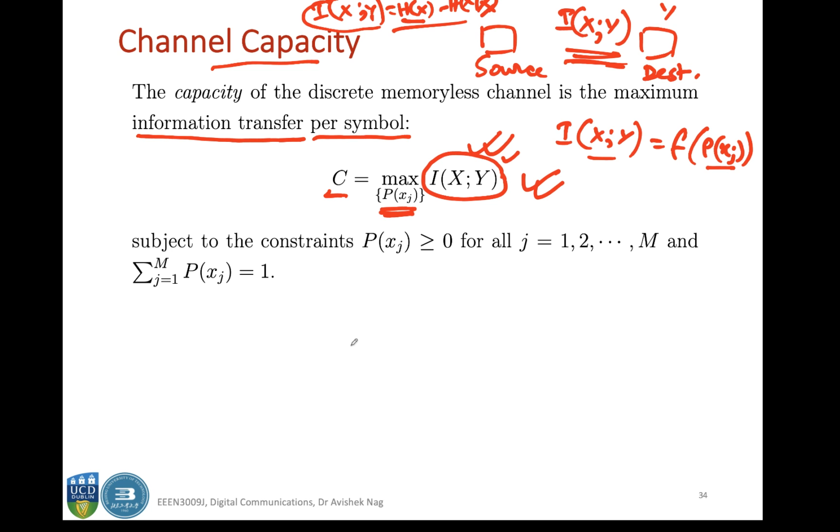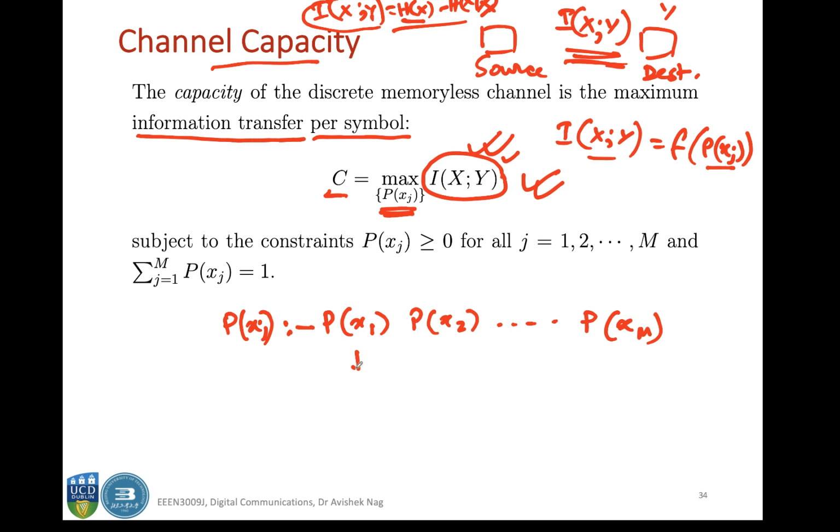So based on all these probabilities, let me write p of x1, p of x2, etc. These are all the p of xj's, and they can be written as p of x1, x2, up to p of xm, because there are m symbols in the input alphabet.